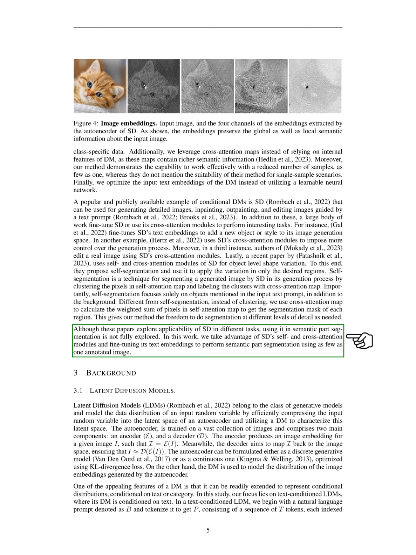Although these papers explore the applicability of SD in different tasks, using it in semantic part segmentation is not fully explored. In this work, we take advantage of SD's self- and cross-attention modules and fine-tuning its text embeddings to perform semantic part segmentation using as few as one annotated image. Section Summary.